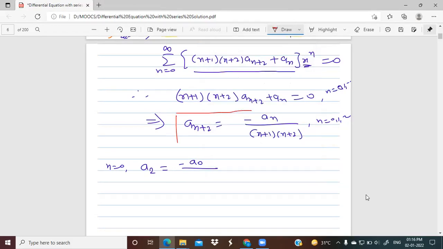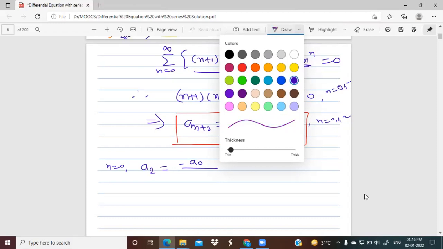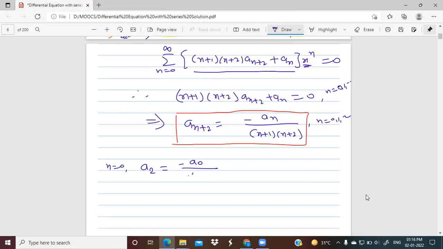By using this, we try to find the rest. Now I'm putting n equal to 1 here, so we are getting a3 equal to minus a1 divided by 2 into 3.